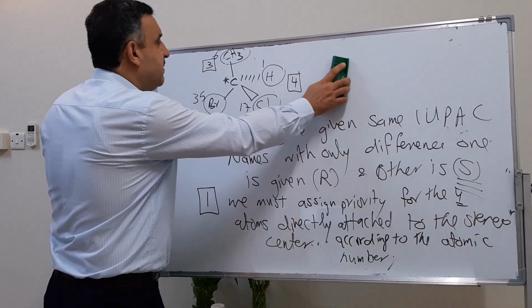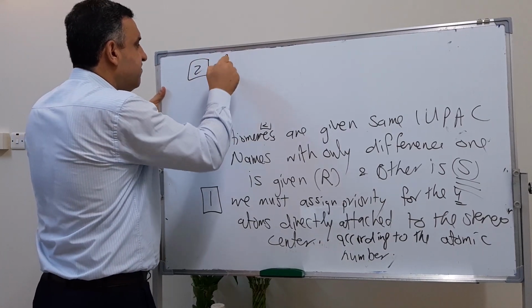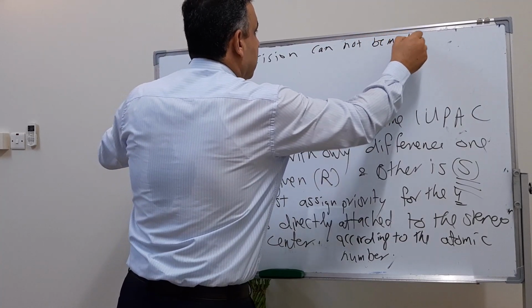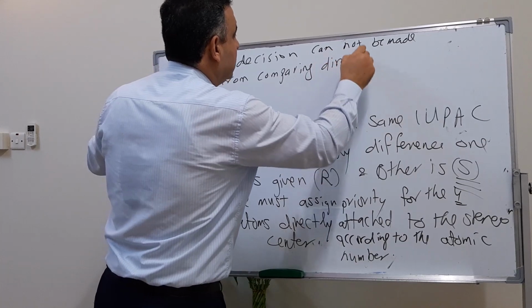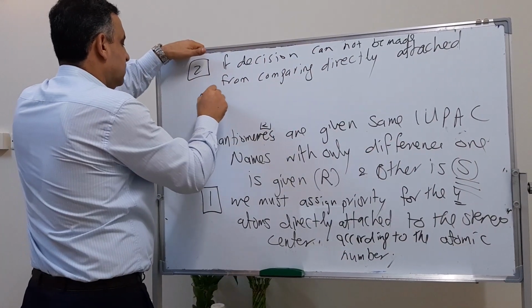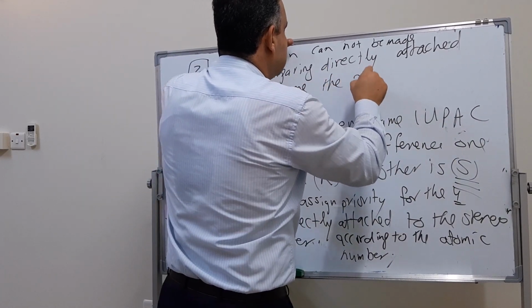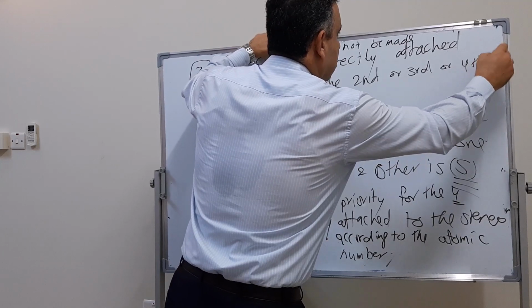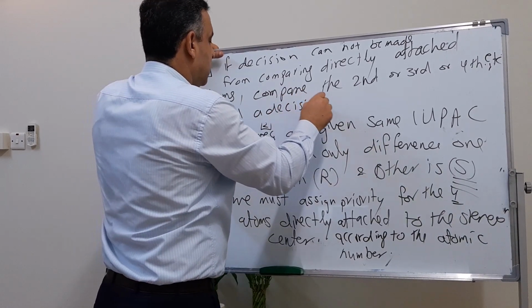So the second rule: if a decision cannot be made from comparing directly attached atoms, compare the second, third, fourth, etc. until a decision can be made.